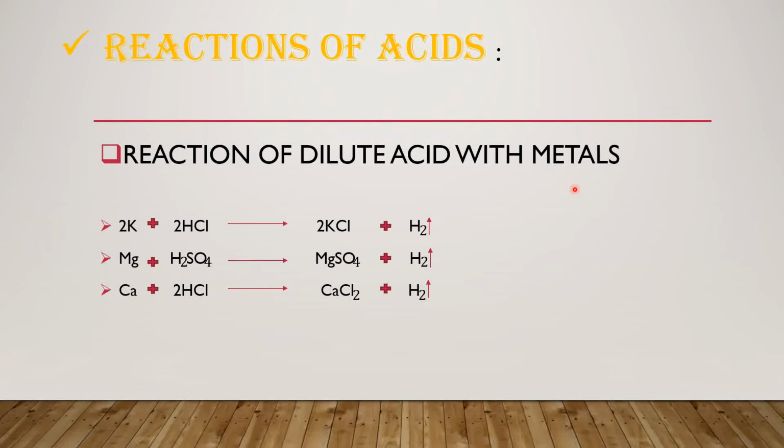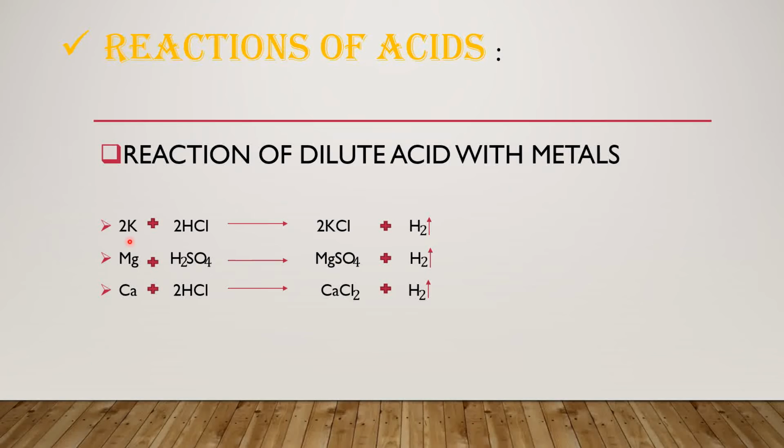Certain reactive metals such as sodium Na, potassium K, magnesium Mg, calcium Ca, and zinc Zn react with acids to form a salt and liberate hydrogen gas. The release of hydrogen gas can be seen in the form of bubbles.